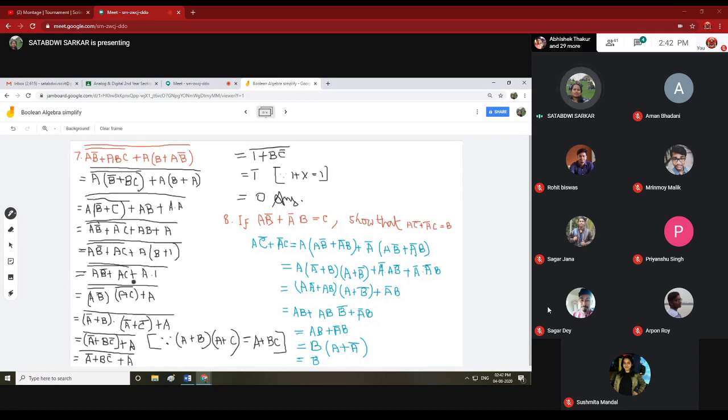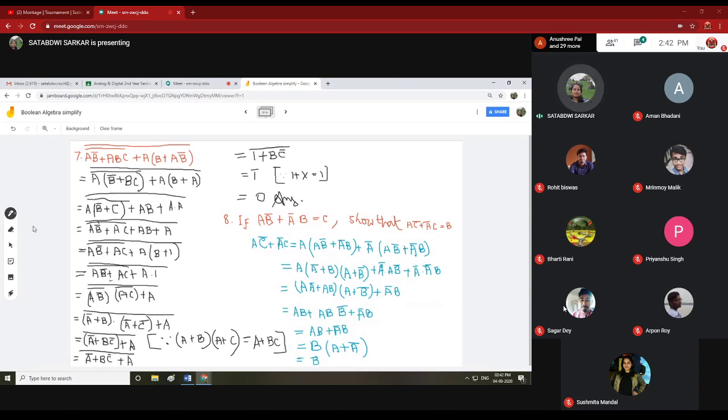In this way, see here a bar plus b. This small complement part, we have used this complement symbol, and that's why you are getting this a b bar complement.